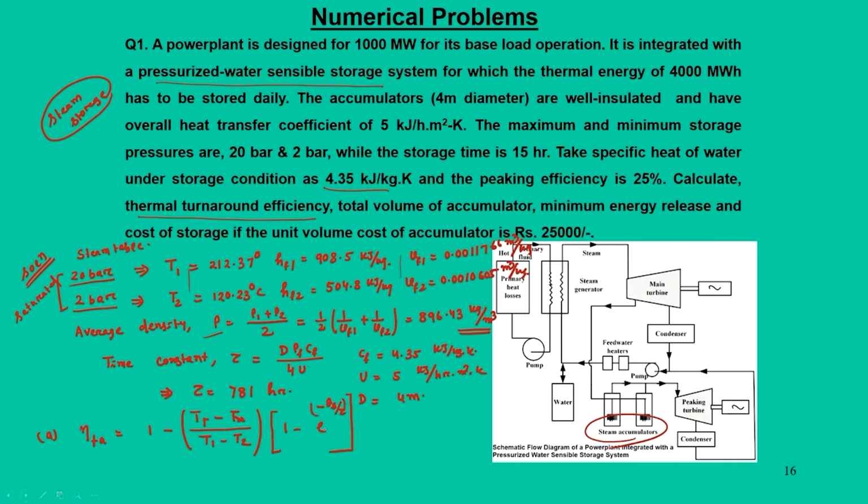So, T1 is given, T2 is given, and T infinity we can say ambient condition as 20 degree centigrade. Storage time theta s is equal to 15 hour. So, putting these expressions we get this turnaround efficiency equal to 0.96 or approximately 96%.